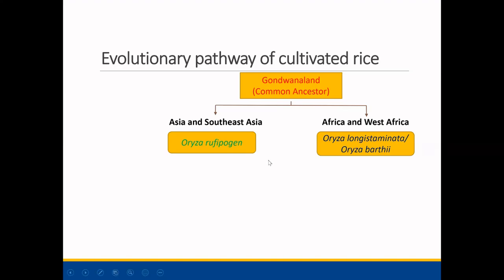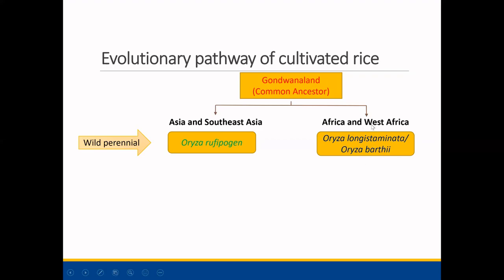In Asia, what we had was the wild perennial type, Oryza rufipogon. But in Africa and West Africa, what was there was Oryza longistaminata.